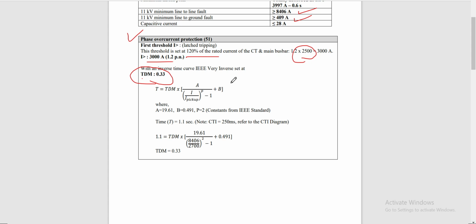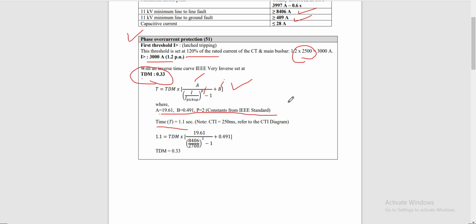This is the equation on how we got our time dial multiplier, and these are the constant values from the IEEE standard for A, B, and P. We'll just substitute these values here. For this phase overcurrent protection, for our first threshold, the pickup time is 1.1 second.